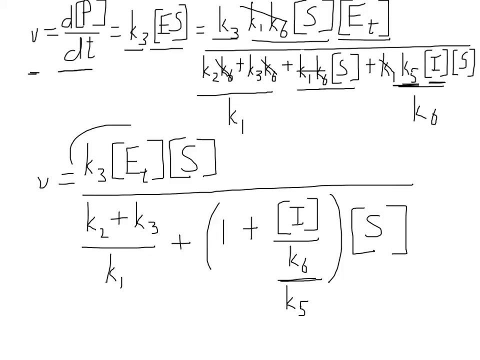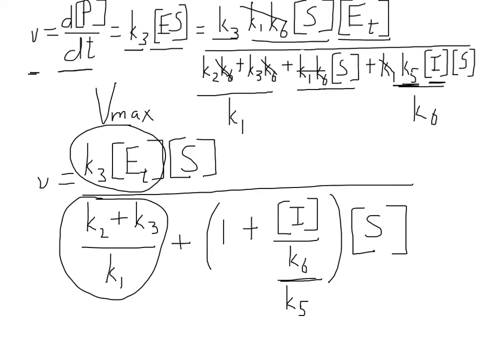I'm hoping that you recognize K3 times E total as Vmax, and I'm hoping that you recognize K2 plus K3 over K1 as our Michaelis constant, capital K subscript M. And then this might not be as obvious, but if you go back to our original kinetic mechanism, you will see that K6 over K5 is a dissociation constant, and it's a special dissociation constant, and we're going to call it capital K subscript I for the dissociation of the inhibitor.